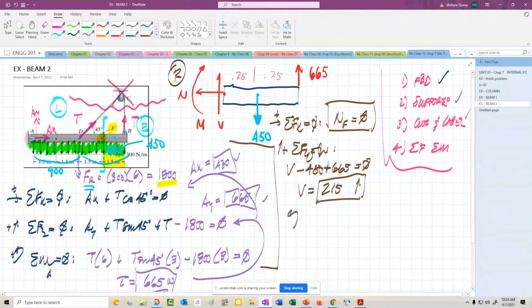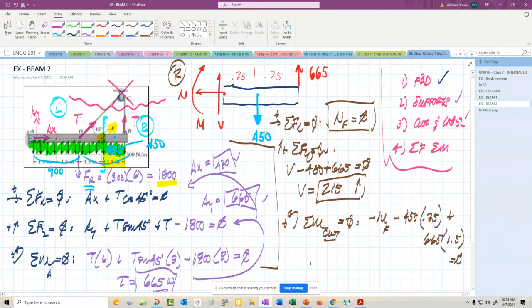Just fix that. And then we're going to sum moments again about the cut. That equals 0. That means we have minus M, the moment at F, right? Minus 450 times the distance of 0.75 plus 665 times its distance, which is 1.5.